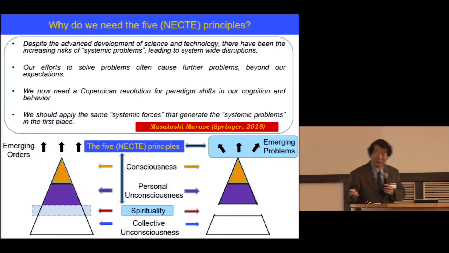This is a problem. Instead of trying to solve visible problems, we have to establish spirituality based on 5 principles like this. Then problems are not solved, but instead disappear. This is a new method and new message from my talk.